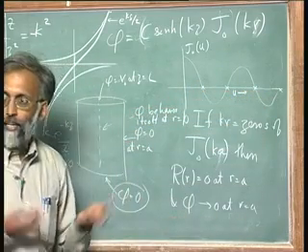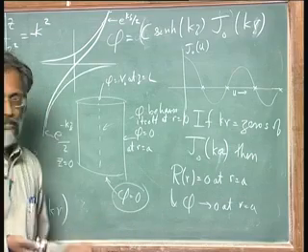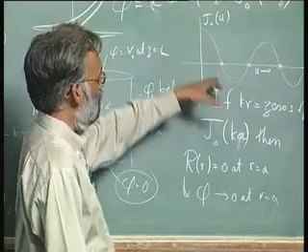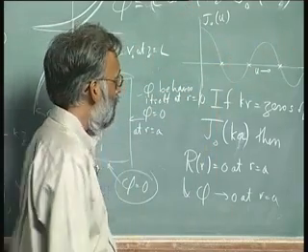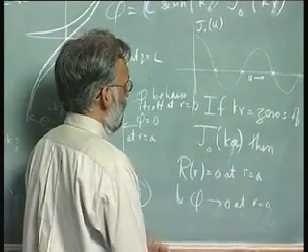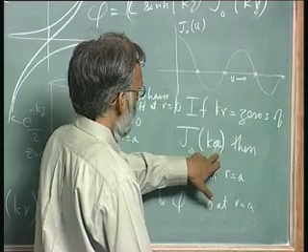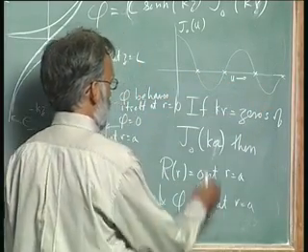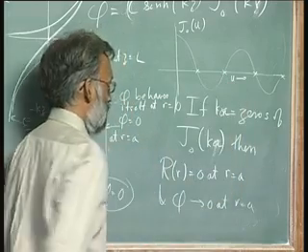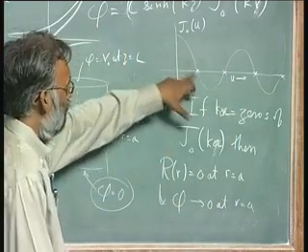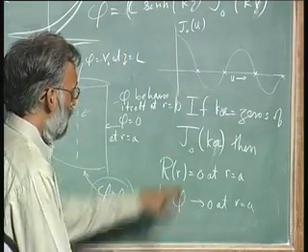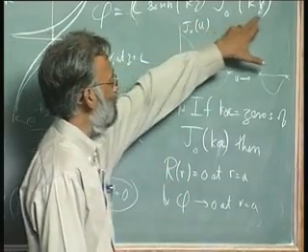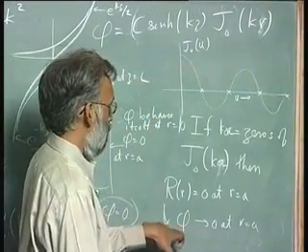Sine goes to 0 at n pi, cos goes to 0 at pi over 2, 3 pi over 2, etc. Similarly, J0 goes to 0 at certain values. If I set ka equal to these values, if ka is equal to the zeros of J0 of u, then J0 of ka will be 0, which means this piece goes to 0, and therefore potential goes to 0.